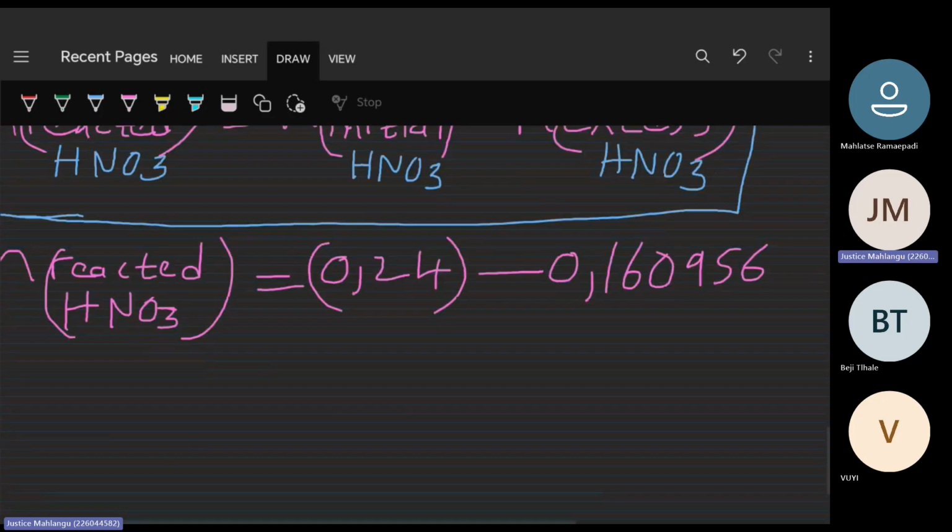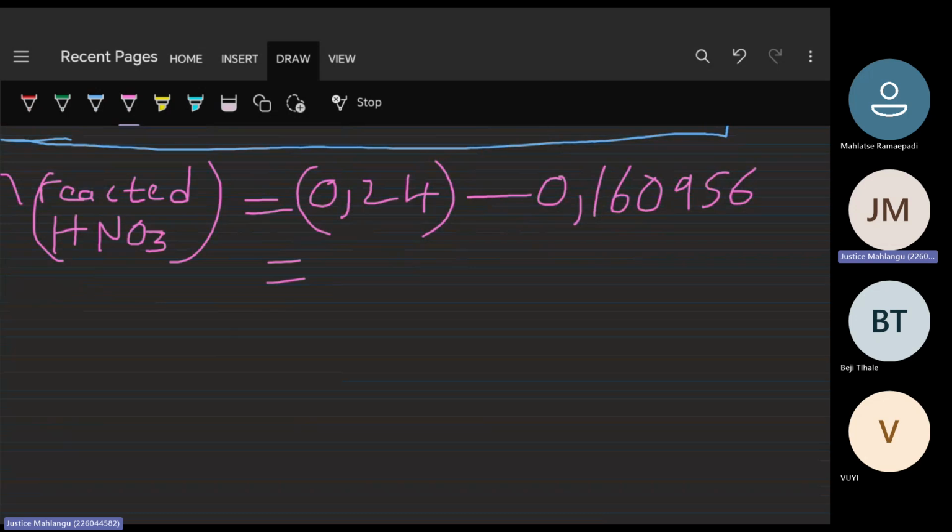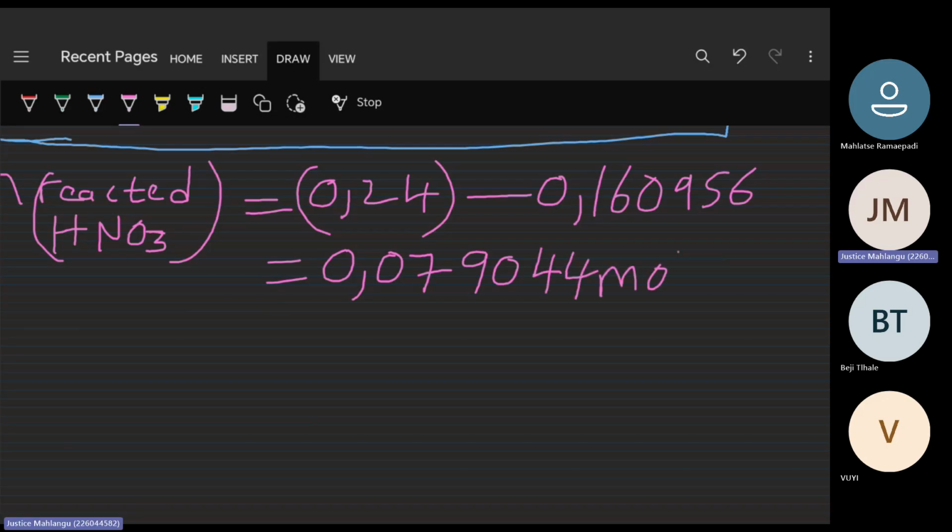If we do the subtraction here, what are we going to get? We're going to get 0.0944 moles. These are the ones that have reacted.